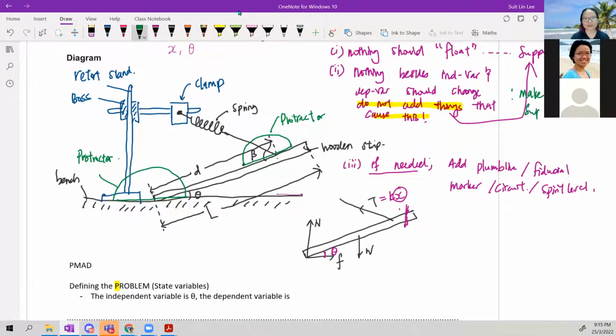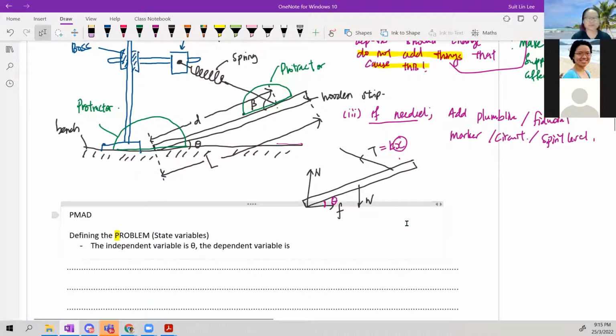Whatever support you added doesn't affect the experiment. Of course, if you accidentally added one, then 1 mark will be deducted. It's just 1 mark. The diagram is 1 mark.